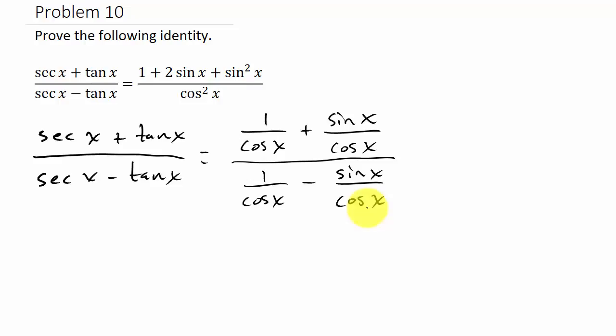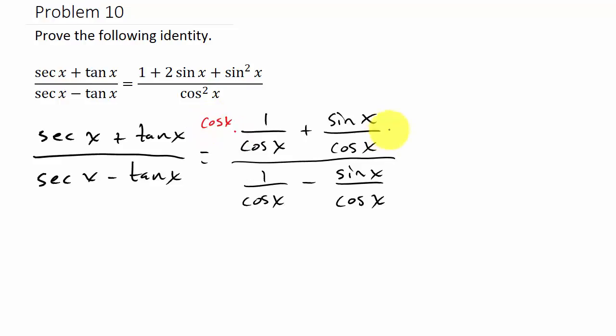Alright, so now if you think back to college algebra, or algebra, simplifying complex fractions. You can see we have a term here, here, here, and here. This would be considered our numerator, this is the main fraction bar, and here's our denominator. What I'm going to do is multiply each one of these terms by the common denominator, which is cosine x.